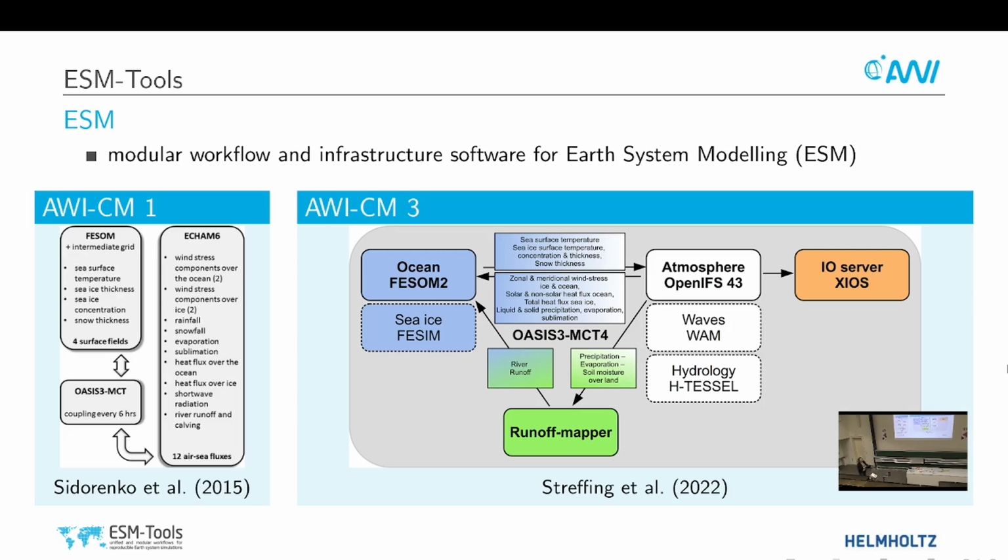So just to give you an impression of what this software actually does: it's a modular workflow and infrastructure software for Earth system models. An Earth system model can be a system of different model components, for example an ocean model and an atmospheric model, which are then coupled together to build a system of the Earth.